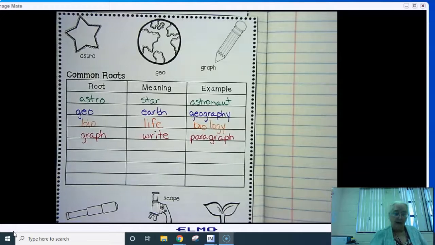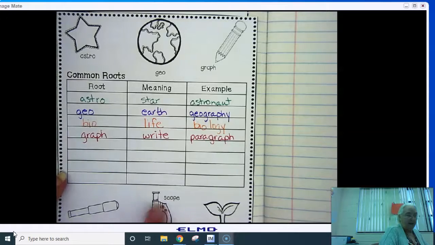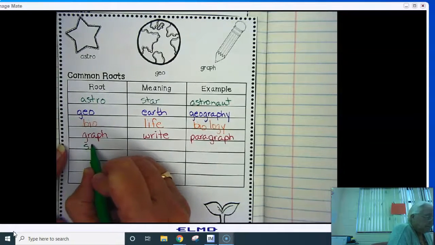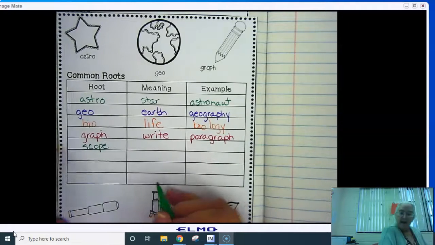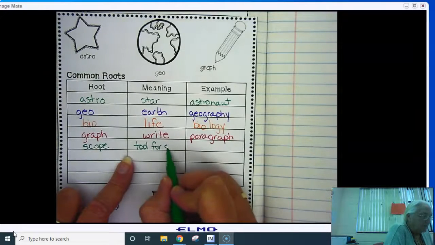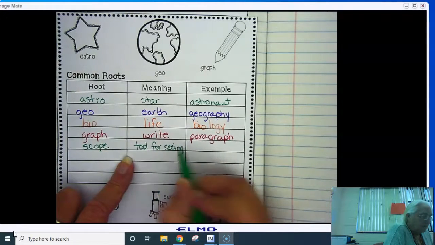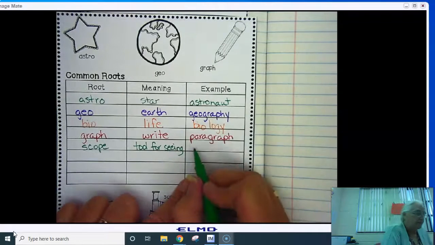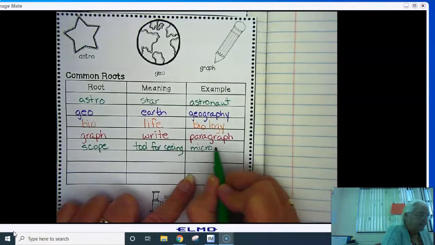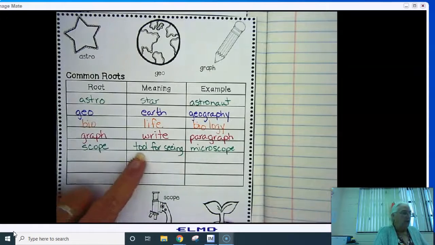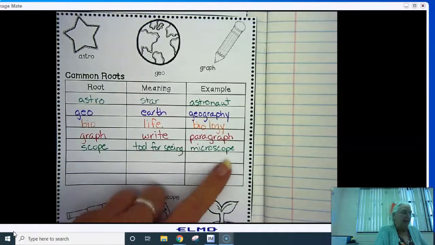Yep. The next word, scope. That's this one at the bottom, scope. And that means tool for seeing. And an example would be a microscope. Micro means small. Tool for seeing small things is a microscope, right?